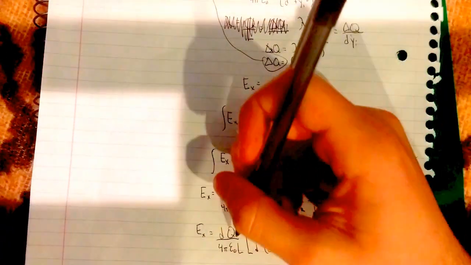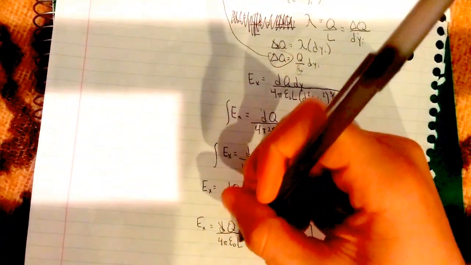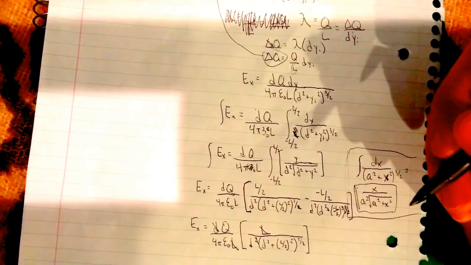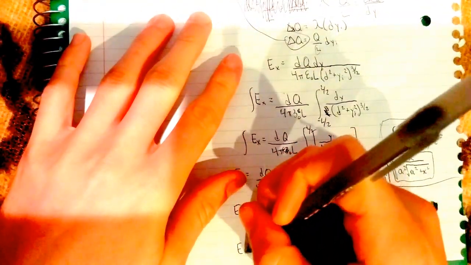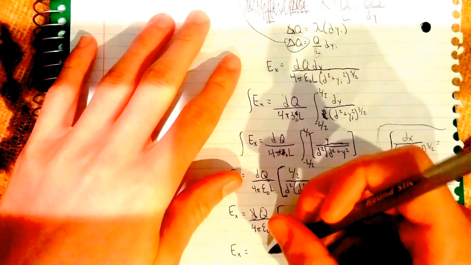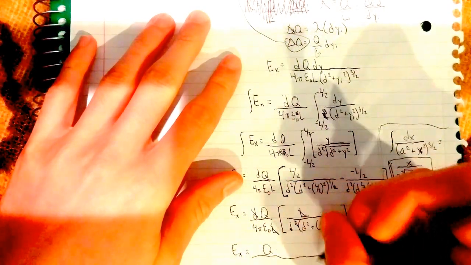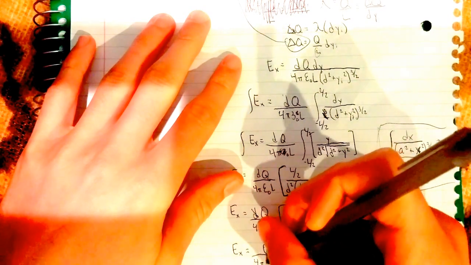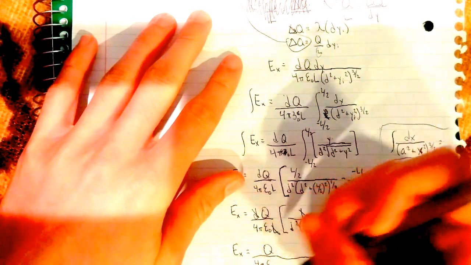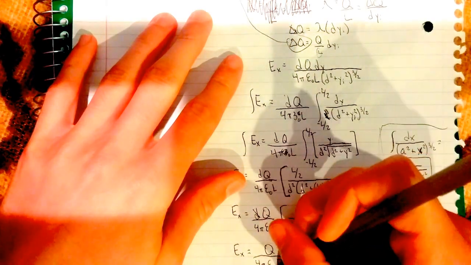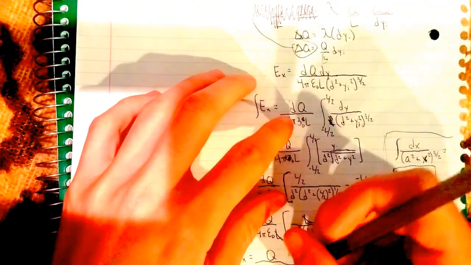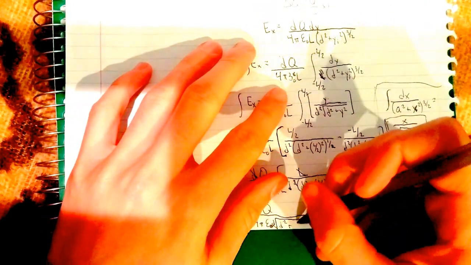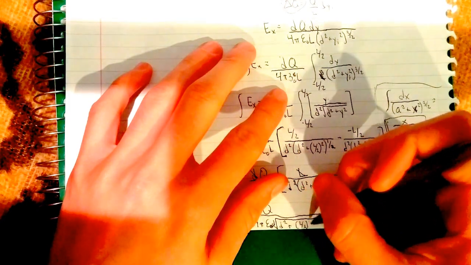So these d's cancel, or one of them goes away, that L cancels, and we end up with Ex equal to q over 4 pi epsilon naught d times the square root of d squared plus L over 2 squared. Sorry, I forgot a d in there.